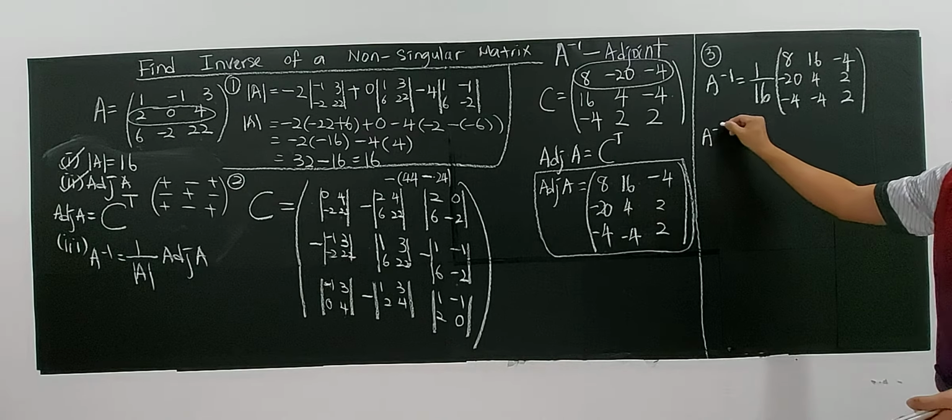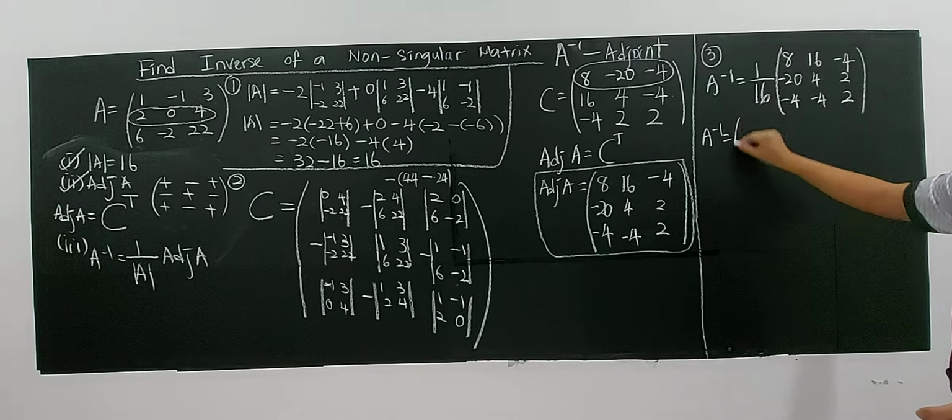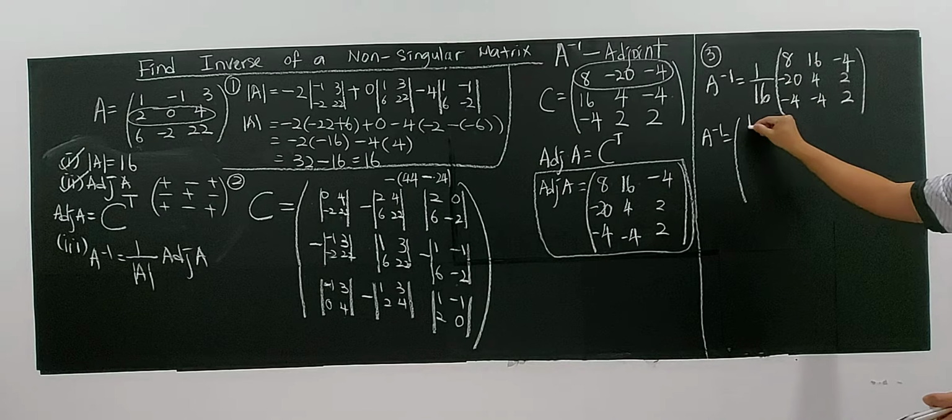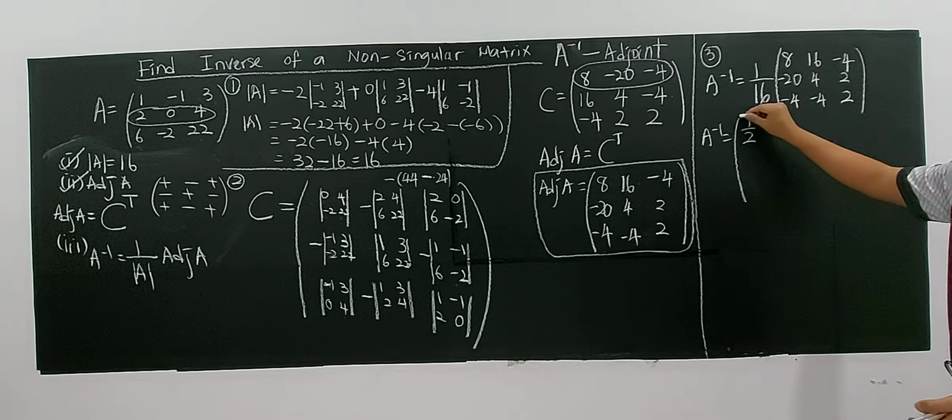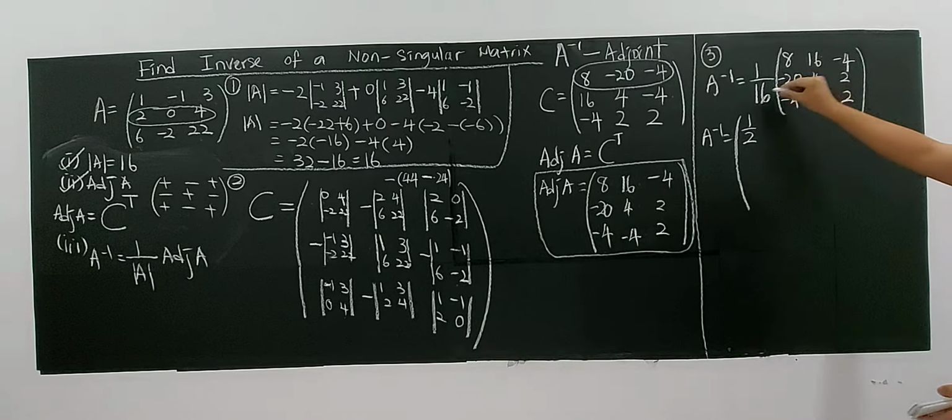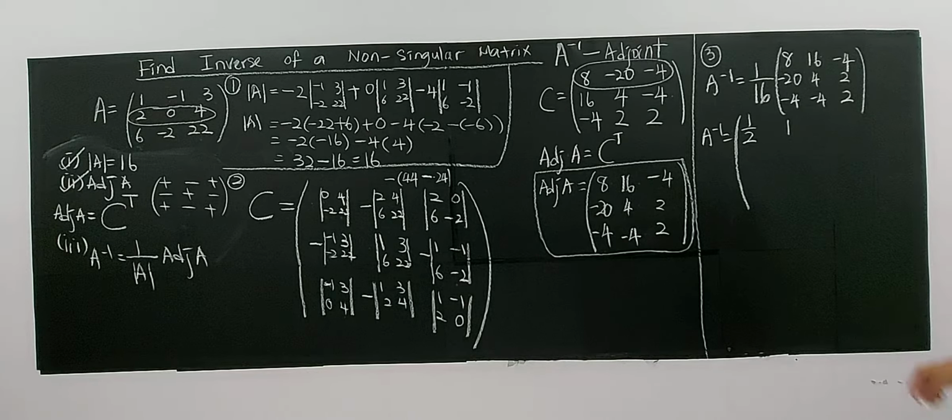So if possible, you try to multiply this scalar inside there. 8 over 16, you have 1 over 2. 16 over 16, you have 1.